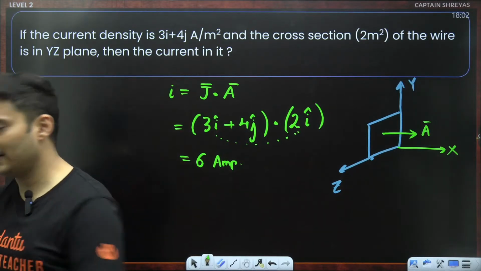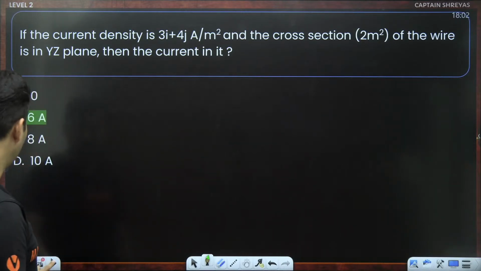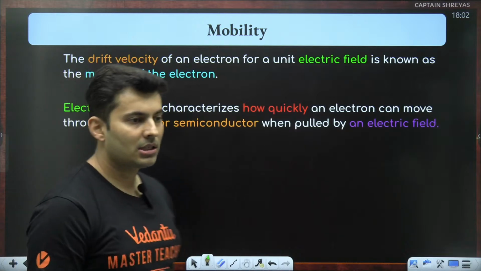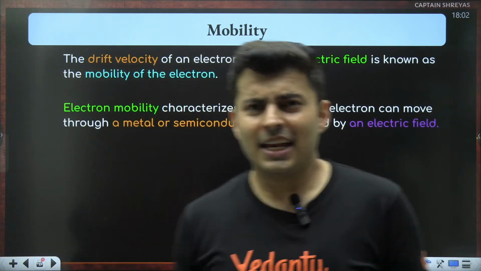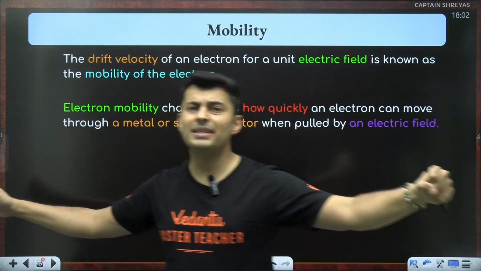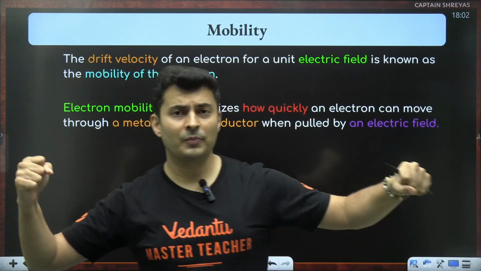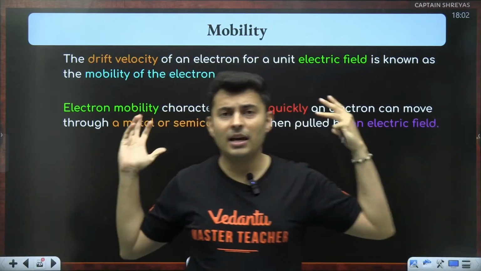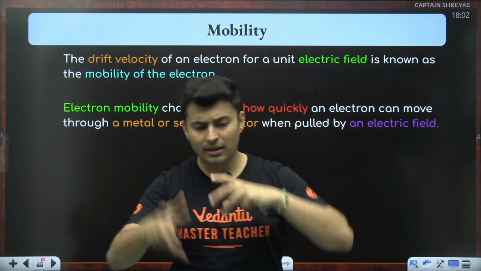Very good. Excellent. Moving to the next question, of mobility. Have you seen, if somebody is very obese, very huge, and imagine a class full of obese people and they are asked to run inside a corridor.